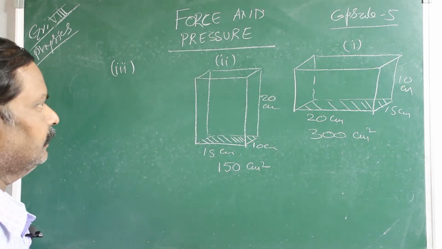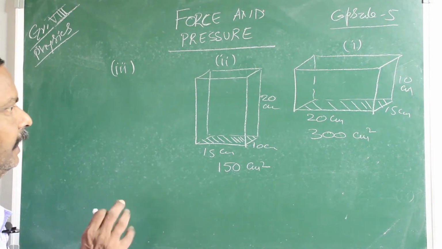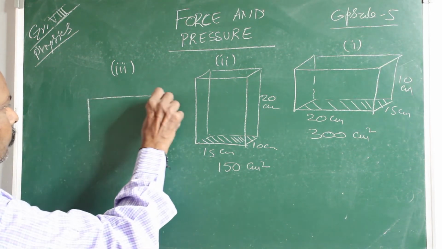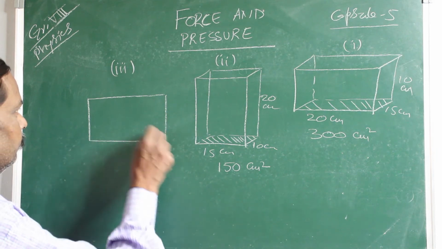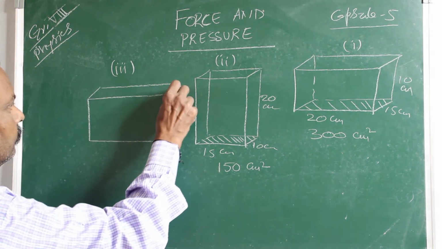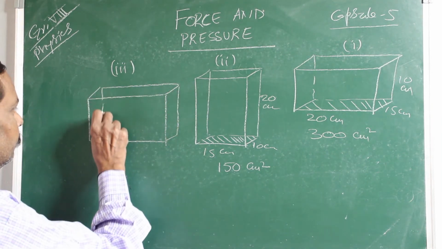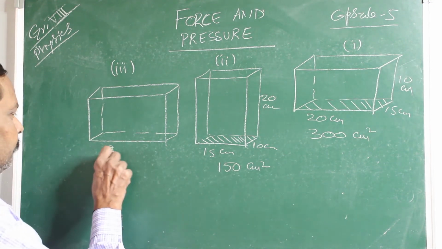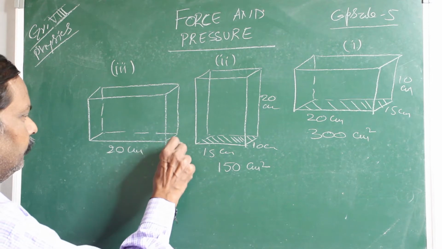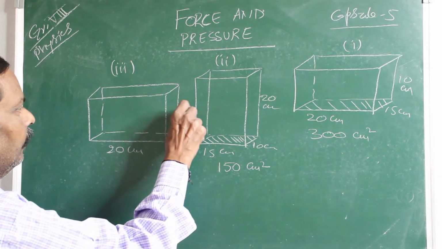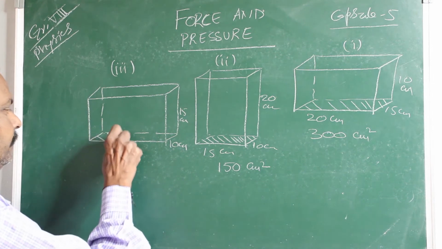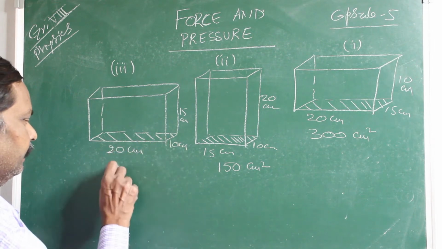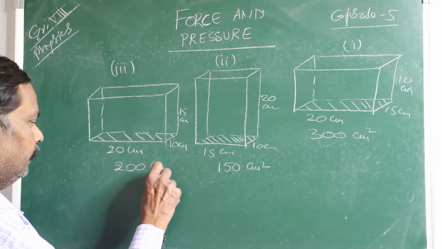The third situation is 20 and 10 are in contact with the surface. This is 20 centimeters, 10 centimeters and 15 centimeters, and this is the area of contact, and 20 into 10 is 200 centimeters square.